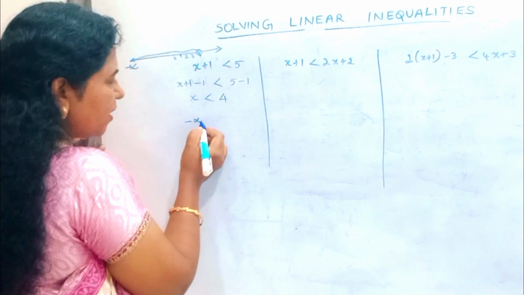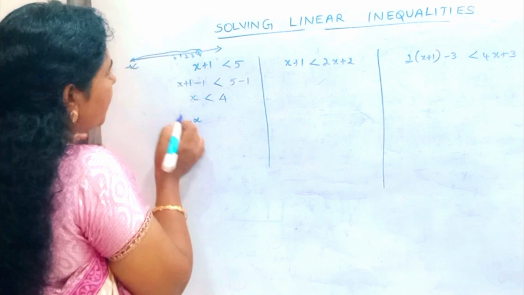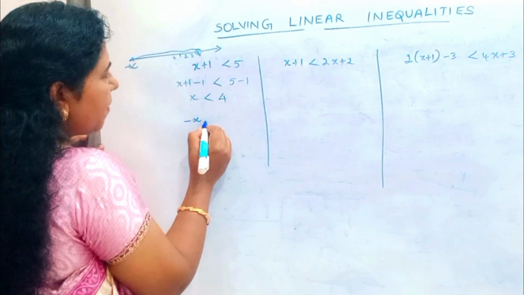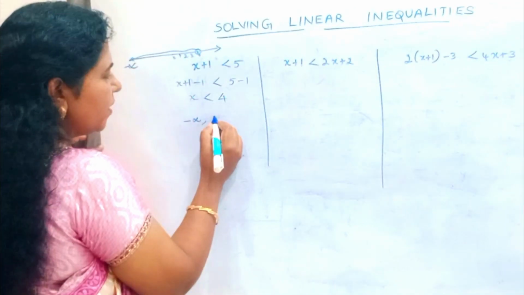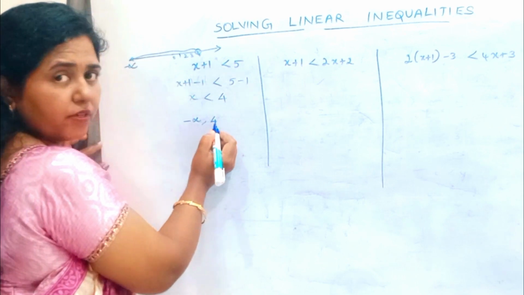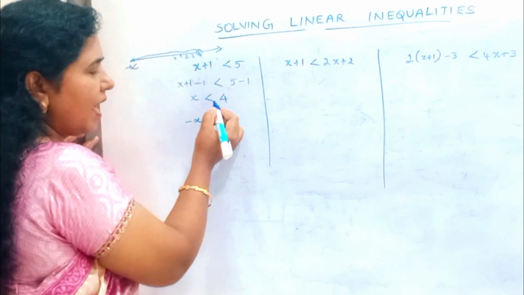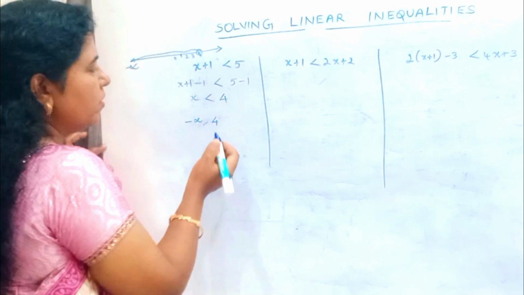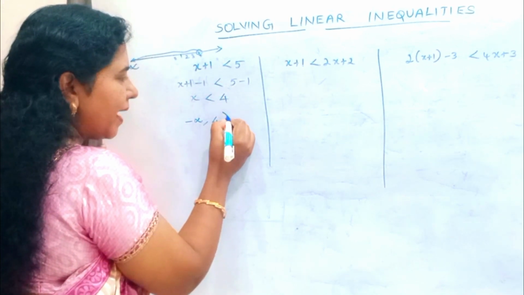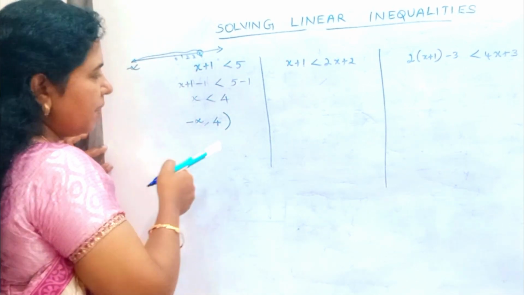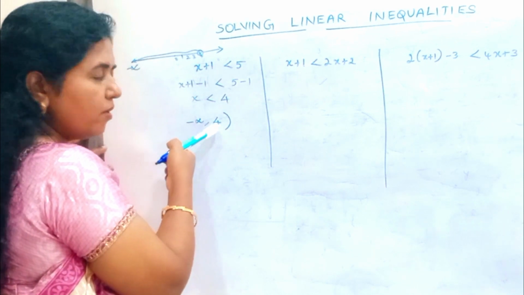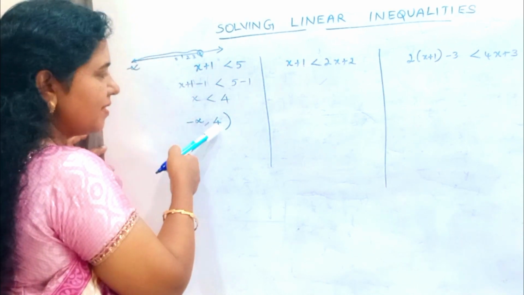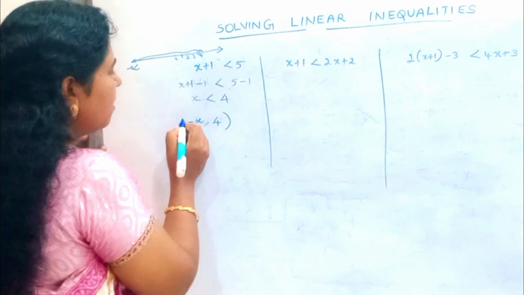Writing in interval form, it becomes minus infinity, comma, and the final value is 4. But we are not going to include this 4 because we have a less than sign alone, so we have to use a parenthesis. It means this value is not included.